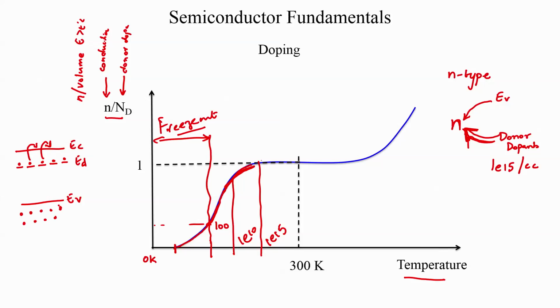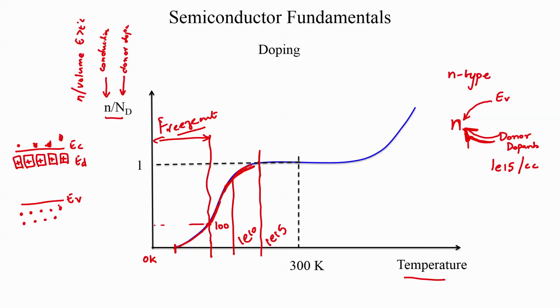The temperature here is large enough that all 1E15 donors have ionized and all these electrons have moved to the conduction band, leaving behind positively charged donor cores. So, these are immobile positively charged centers and all these electrons have now populated the conduction band.